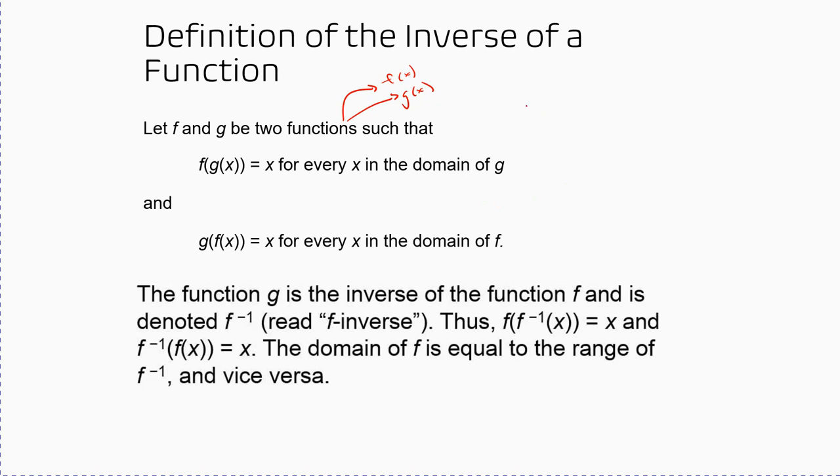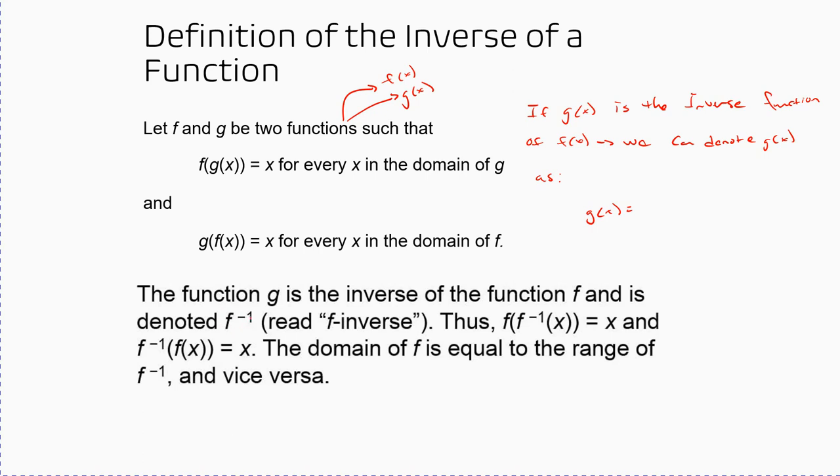So if g of x is the inverse function of f of x, what that means is we can denote g of x as f with this little -1 here.